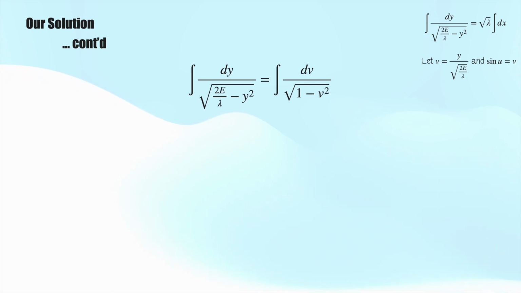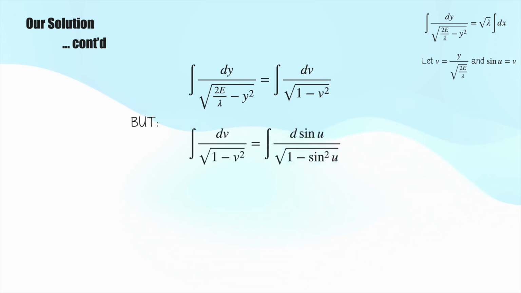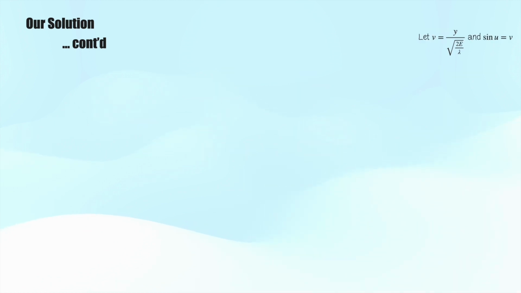And again, as we continue to simplify, we have to remember now that v was sine of u, so I can make that substitution. And d sine u is actually cos of u du, which means what I had has simplified to the integral of du.